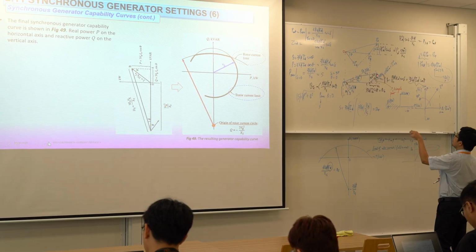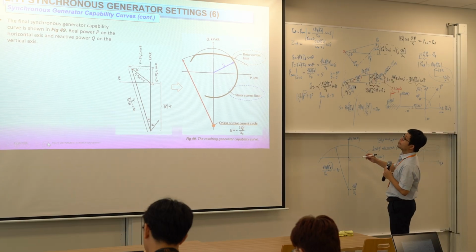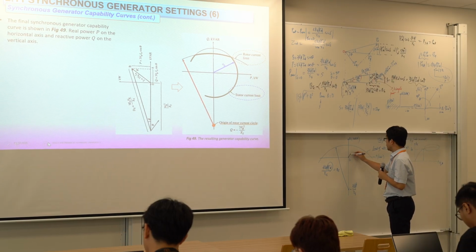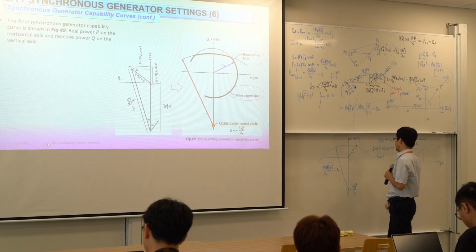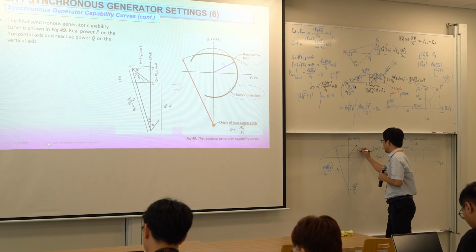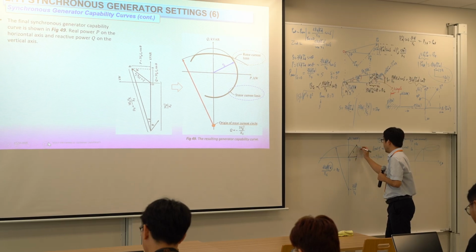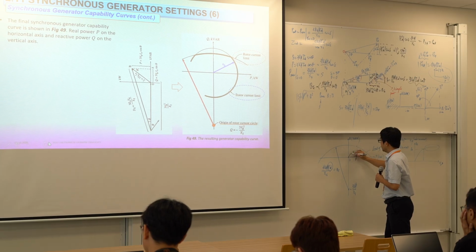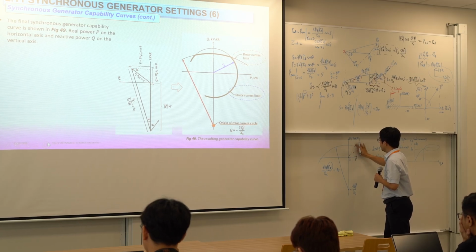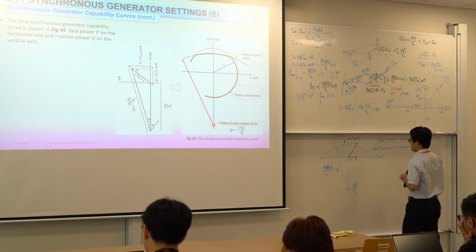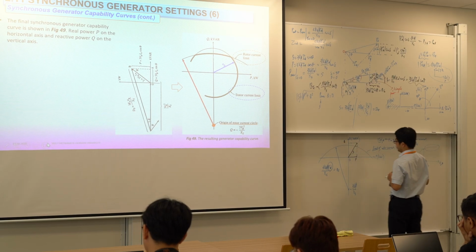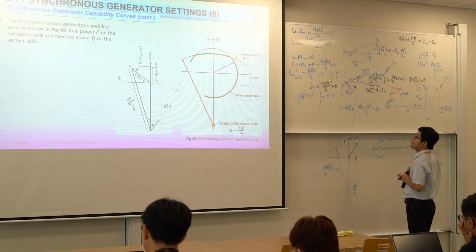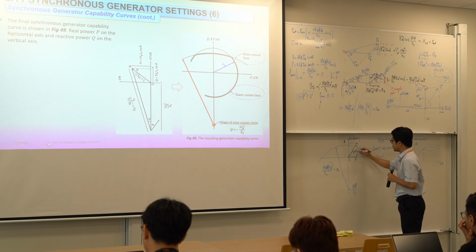This is the origin, so this is S. If we have S here, here is V, and here is Q. I assume here is X max.